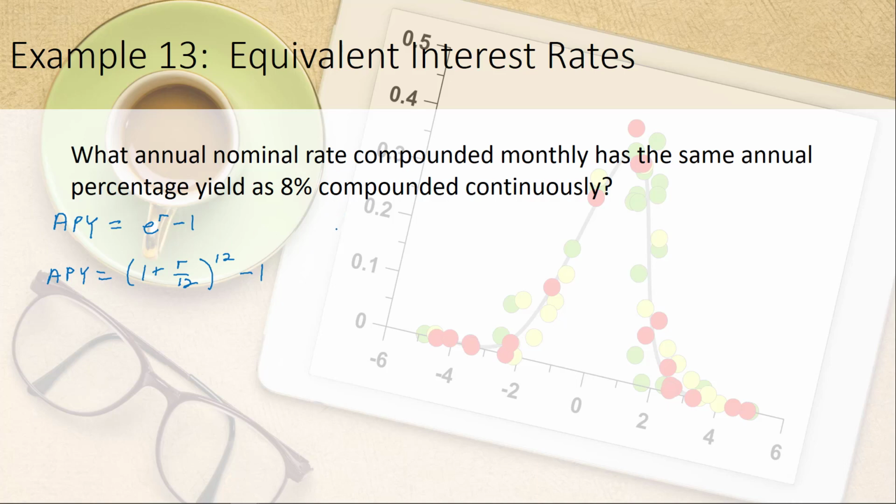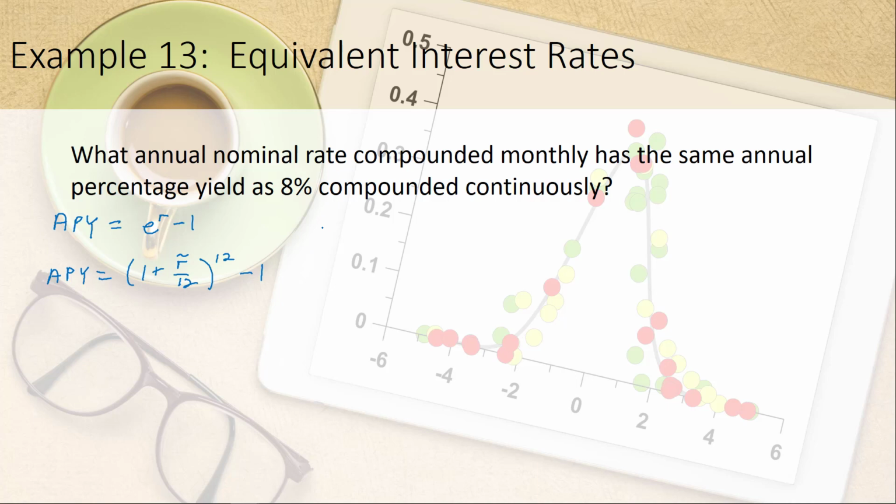We also need to mention that this is different. Okay, so this is the interest rate for the compounding continuous case, and then this right here is another interest rate. So let me just call that r tilde for the time being. Okay, so these are going to be equal.